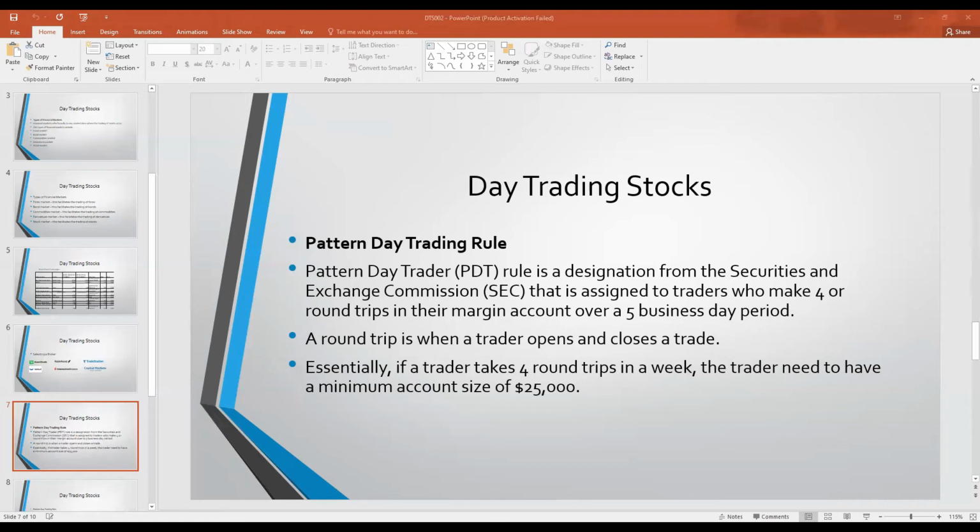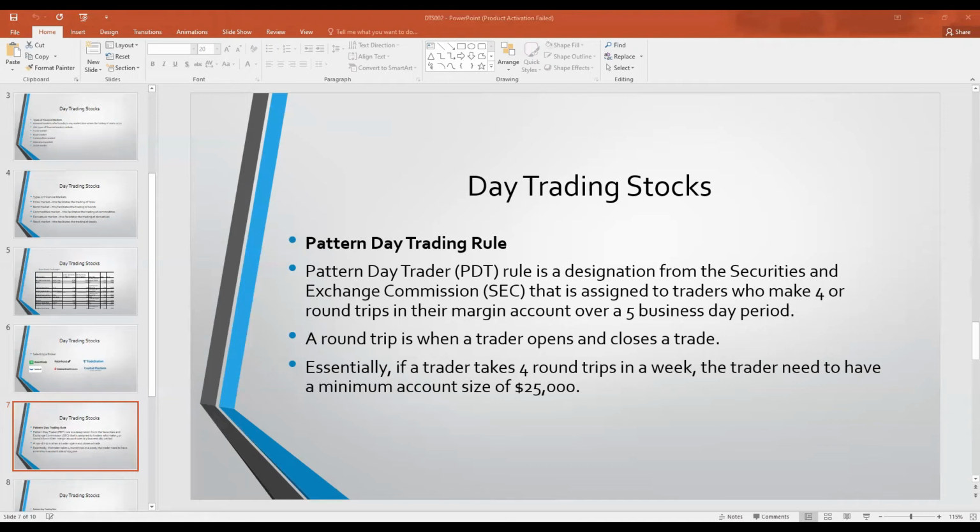The process of opening and closing a trade is called a round trip. Once you complete at least 4 round trips at least once in your stock trading account, you will be classified as a position day trader. Therefore, you will need to have a minimum account balance of 25,000 US if you want to trade stocks.